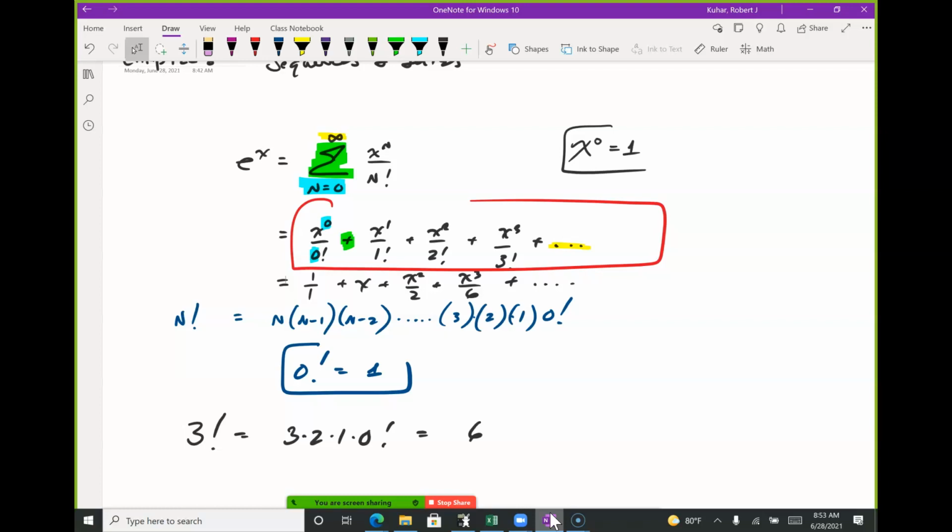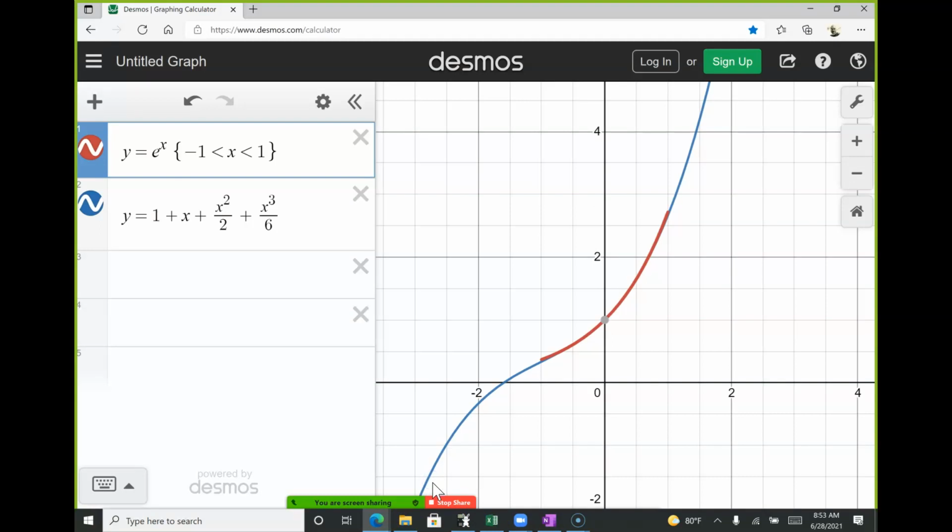So you could see here that it looks like I've got a pretty good representation from -1 to 1. Is that making sense? From -1 to 1 here, the blue curve is a pretty good representation of the red curve. It's on top of it, right?